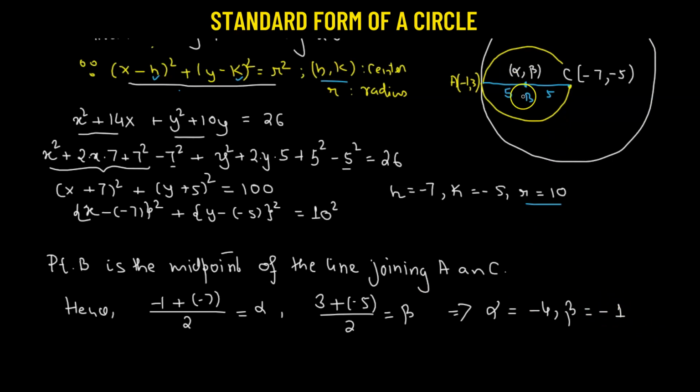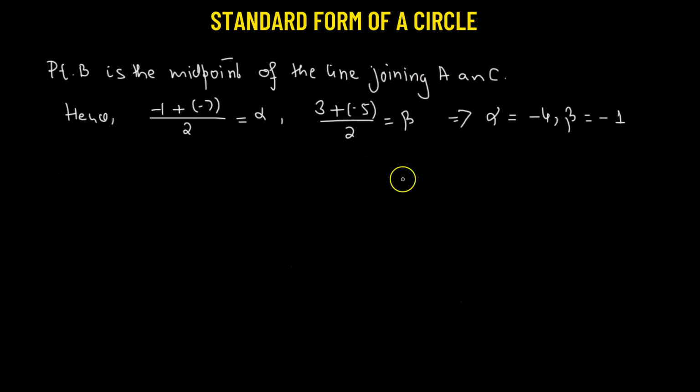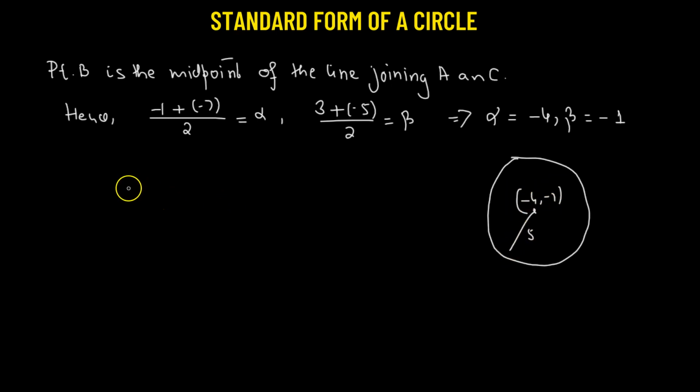Fine. So now we have the coordinate of the center of the smaller circle. Our smaller circle center comes out to be (-4, -1), and its radius is 5 units. So we can use this fact to find the equation of the circle. So we know that we have (x minus h) whole squared added to (y minus k) whole squared equals r squared.